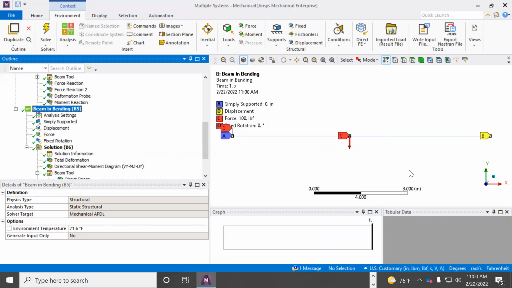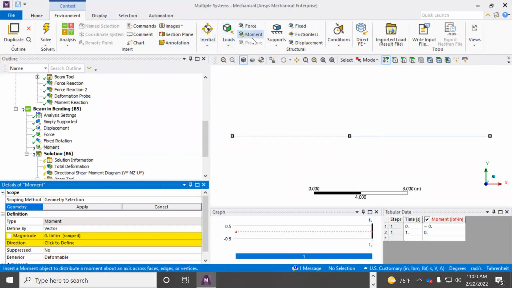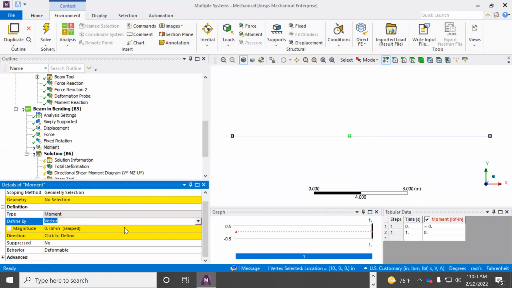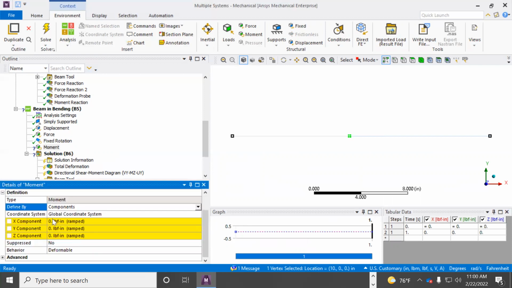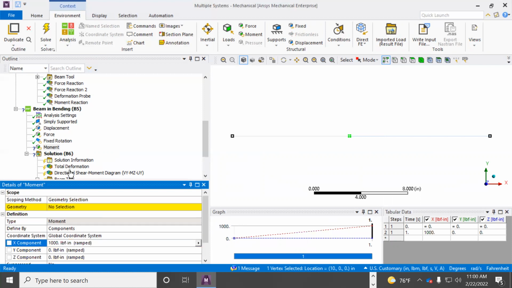A torque is a moment about the x-axis. So if I want to do that, I can come here and go to a moment, select the point where the moment is applied, and make sure to come here to the components, define the moment using components, and define my bending moment about the x-axis.